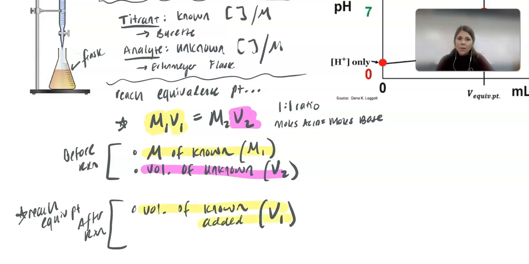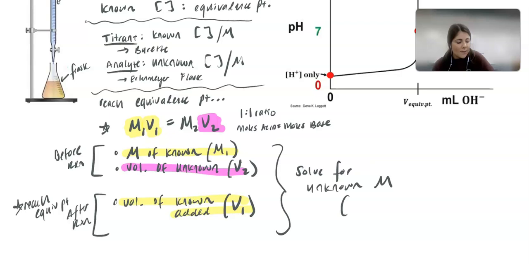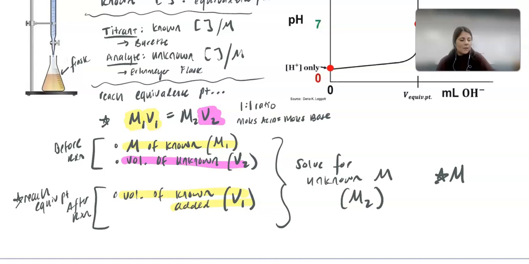So, knowing how math works, after that occurs, if we know 3 of the 4 variables, then we can solve for unknown molarity. This will be M2, okay? And again, M is molarity, which the molarity equation is N over V, and then big V is volume. It doesn't matter if your V1 or V2 is in milliliters or liters, you just have to be consistent. My advice, try to put it in milliliters.